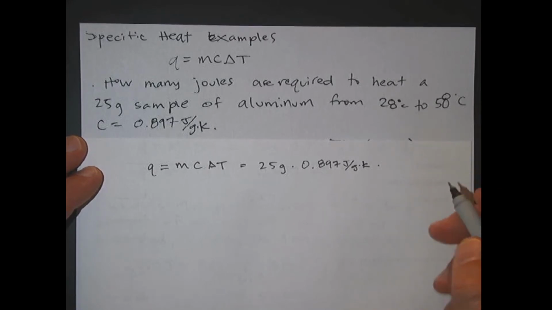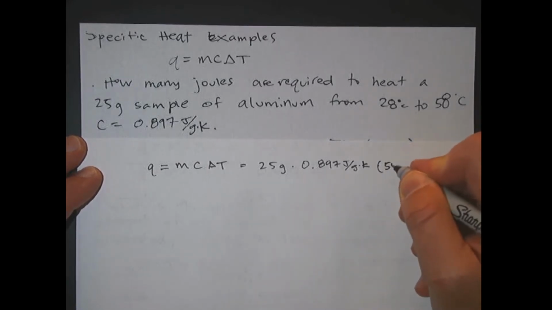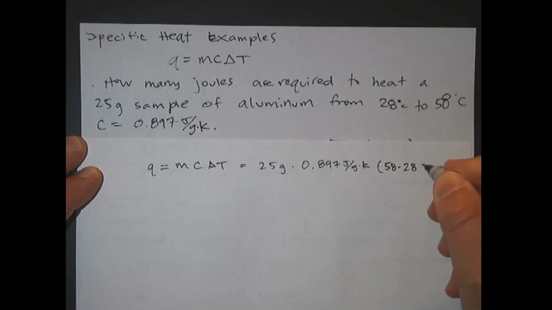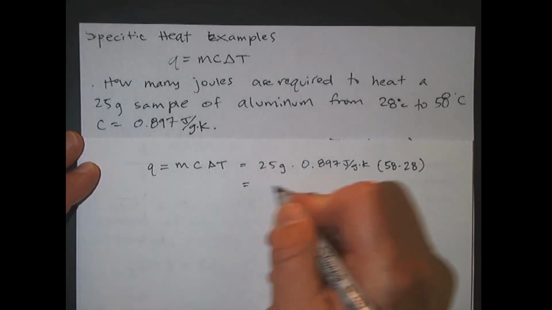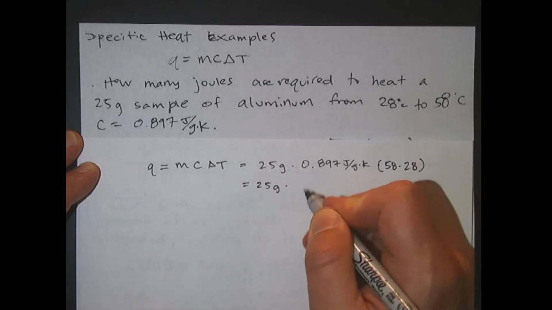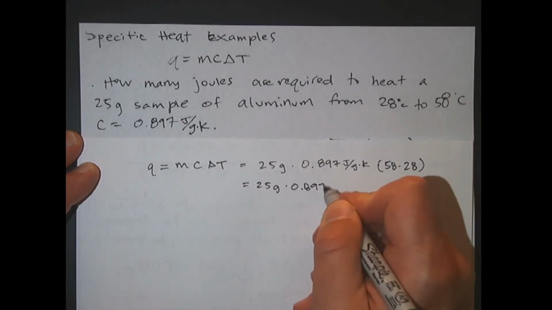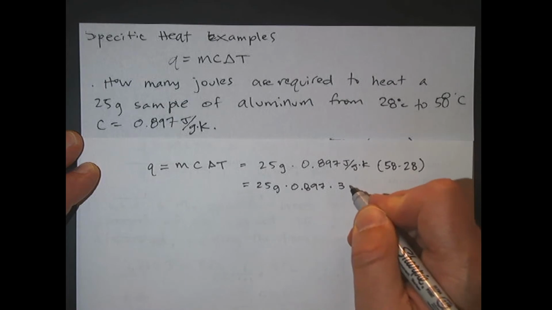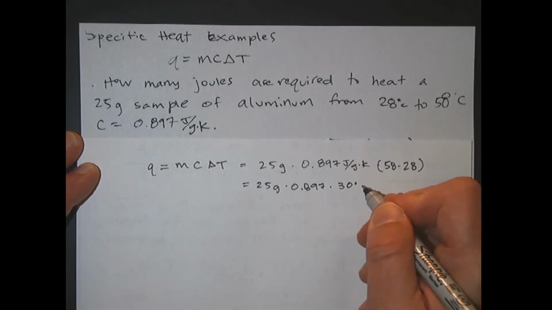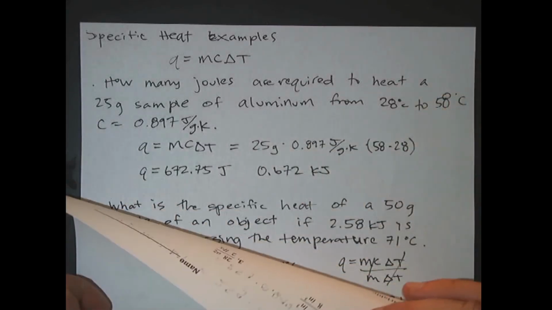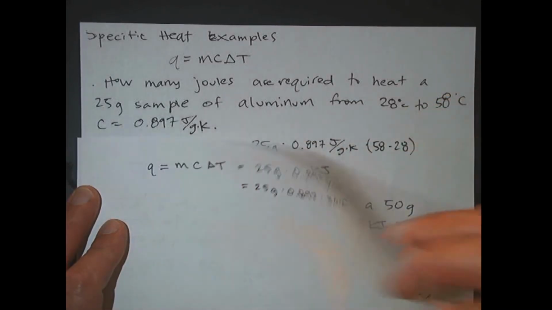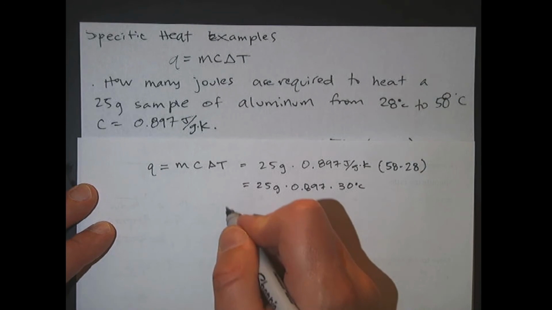It's 58 minus 28, but you can write it out too. That's going to be 30, of course. So if you simplify, you're going to have something like 25 grams times 0.897 times 30 degrees Celsius, okay? And when you do all that math, you're going to get 672.75 joules.